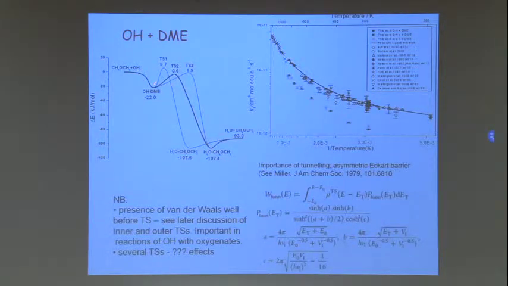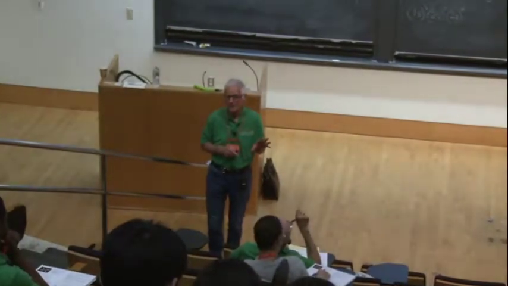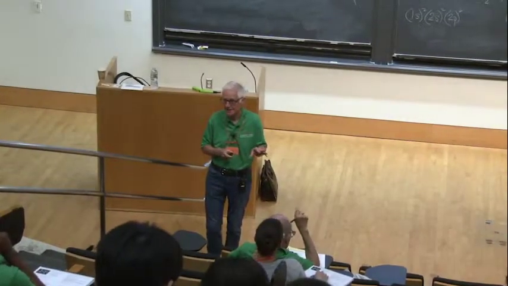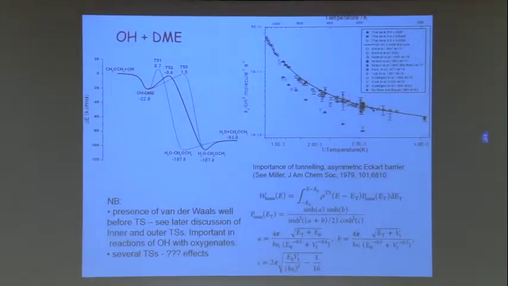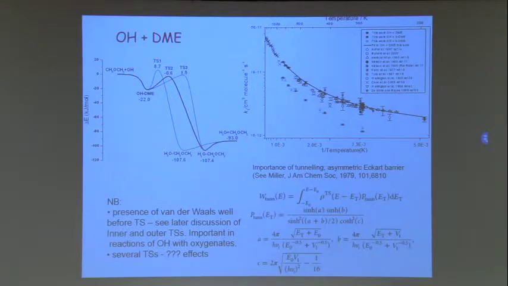And this is the potential energy surface, which is a little bit more complicated than we said earlier on. And we'll come back to this later on and see some of the consequences of the complexity of that surface. And there are 3 transition states. That's not actually the case.